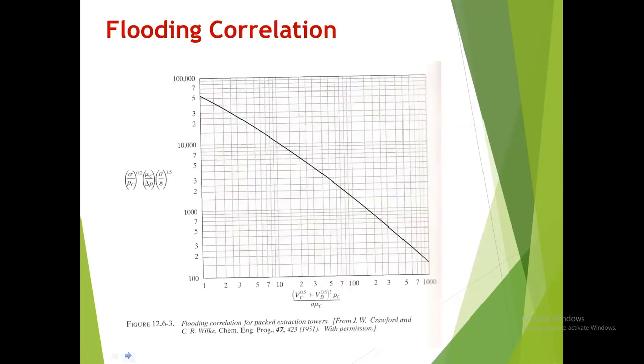Now, there are diagrams that you can use, or you should, by the way, be using this diagram in determining the condition at flooding. So we have this flooding correlation diagram for packed extraction tower. We can attribute this to Crawford, Wilkie, and Wilkie. I think your handbook has this equivalent flooding correlation diagram also.